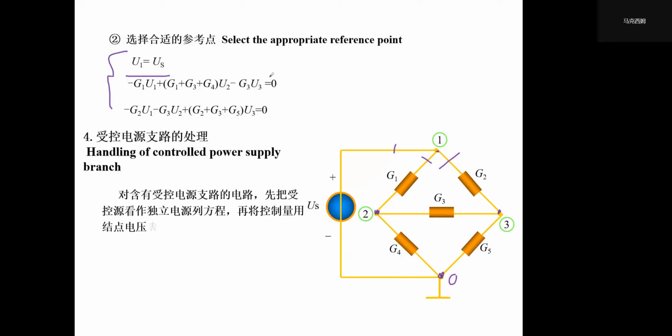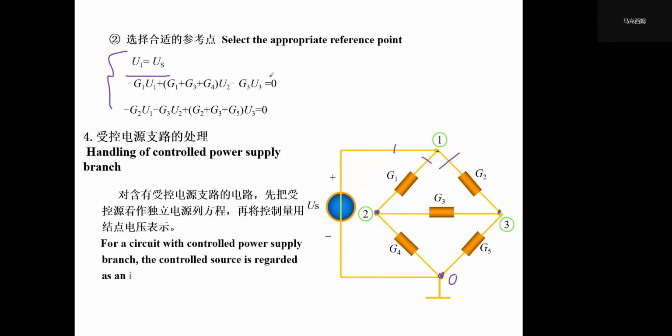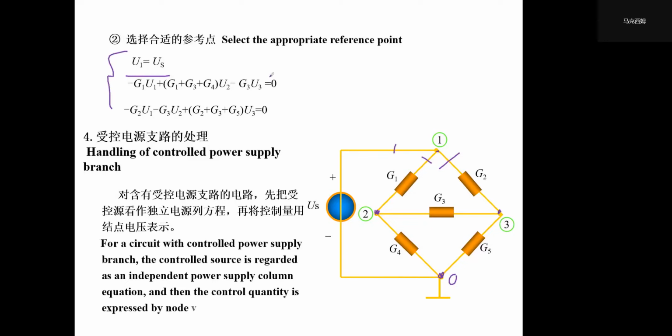So let's talk about circuits that contain a control source branch. For those kinds of circuits, we should list the equations considering the control source to be an independent source, and we represent the control variable with the node voltage.